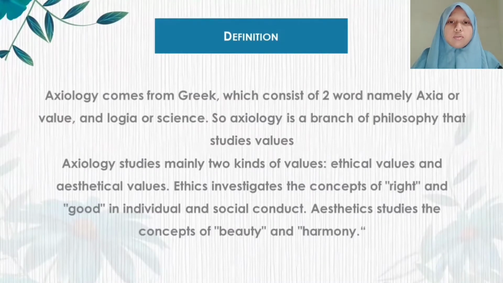Axiology studies mainly 2 kinds of values, ethical values and aesthetical values. Ethics investigates the concept of right and good in individual and social conduct. Aesthetics studies the concept of beauty and harmony.